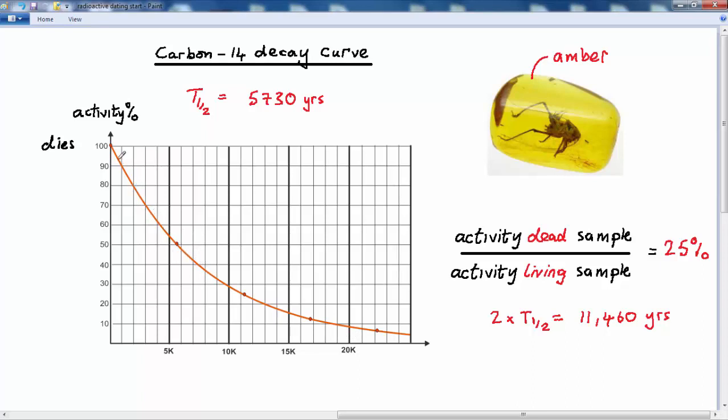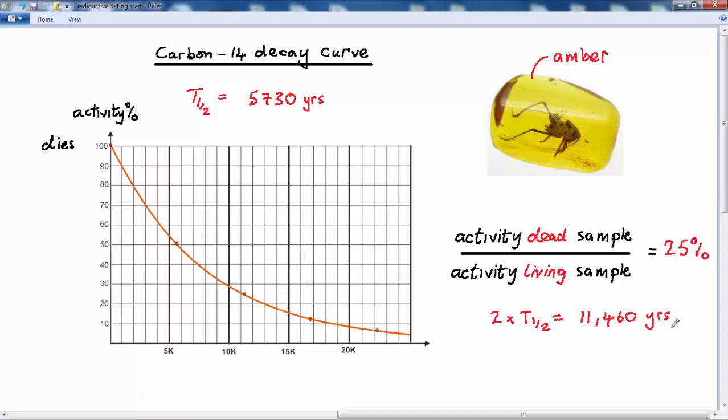And the reason for that is because the exponential curve is still relatively steep. Okay, it's falling quite rapidly. But if you go beyond 25,000 years, for example, between 25 and 50,000 years, then the graph starts to flatten off. And for that reason, it becomes a lot harder to establish the age of a sample.